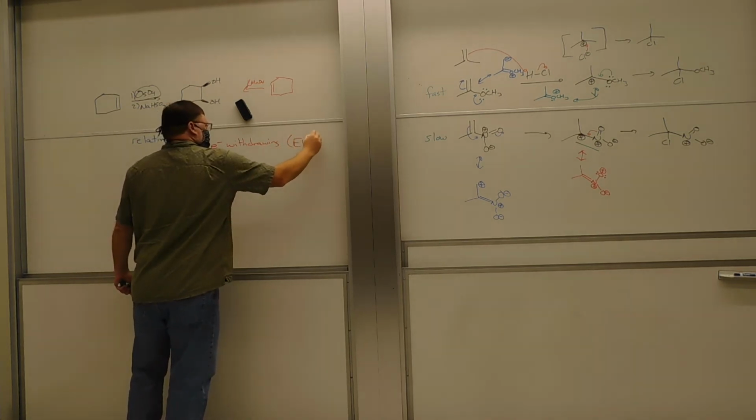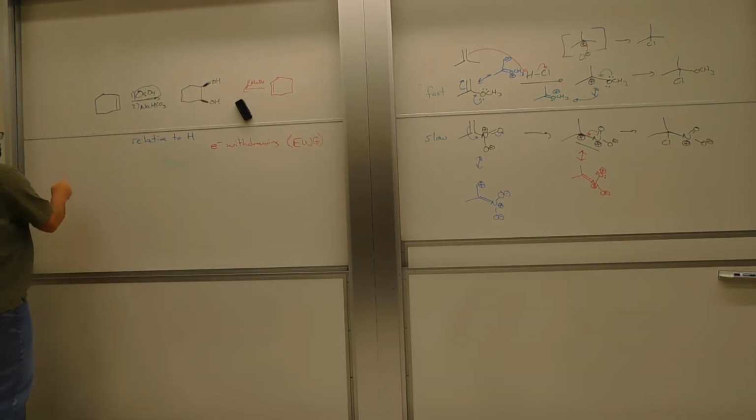We're going to call electron withdrawing groups EWGs, electron donating, or sometimes you'll see releasing. These are going to be EDG. Electron donating group, electron withdrawing group.